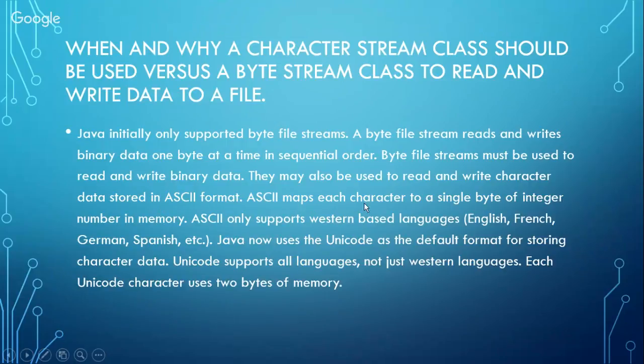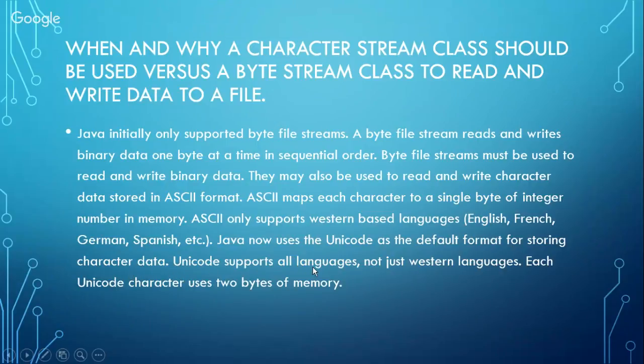ASCII maps each character to a single byte of integer number in memory. ASCII only supports Western-based languages: English, French, German, Spanish, etc. Java now uses Unicode as the default format for storing character data. Unicode supports all languages.